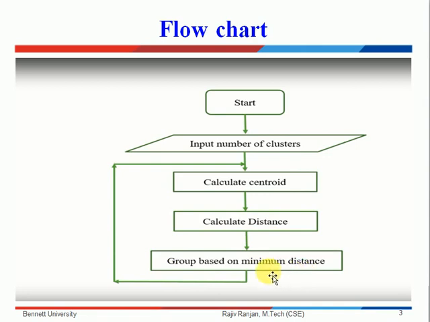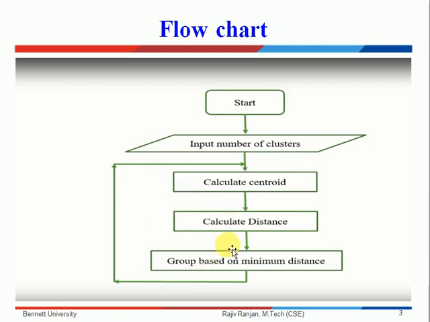Based on that minimum distance, it will group the objects into their respective clusters. And this procedure will continuously repeat until it gets consistency in clusters, meaning all the objects of the data set get their certain place in their respective clusters, right?